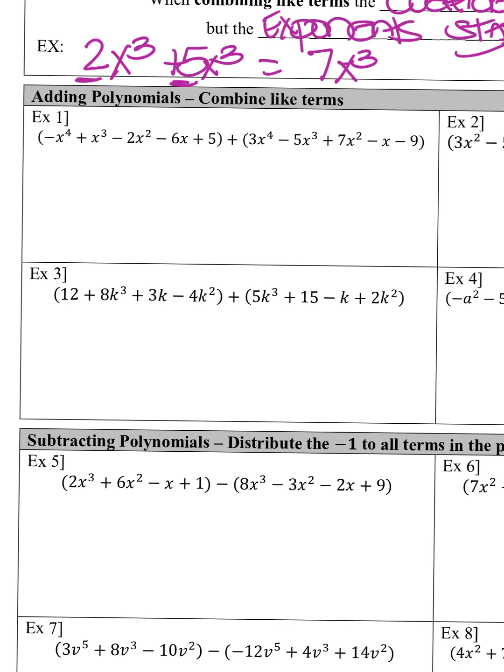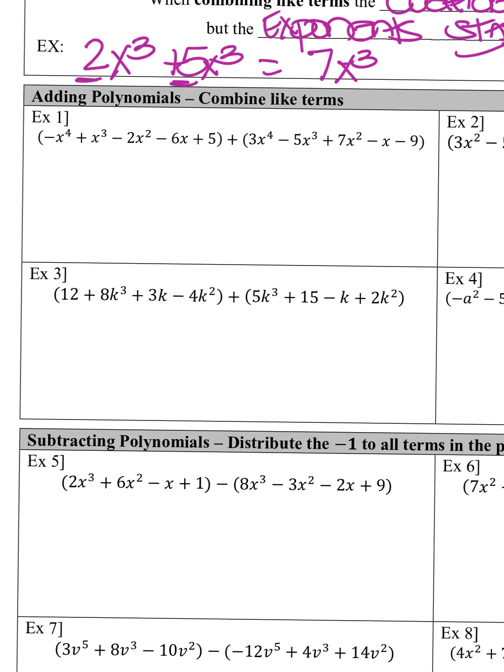And remember, when we have our final answer in polynomial form, in standard form, it is always going to be written in descending order of our exponents, meaning I'm going to start with the highest exponent value all the way down to the lowest and finish off with my constant.